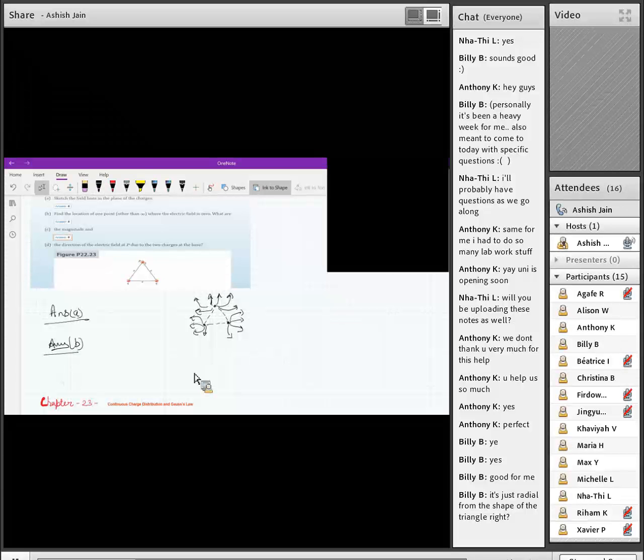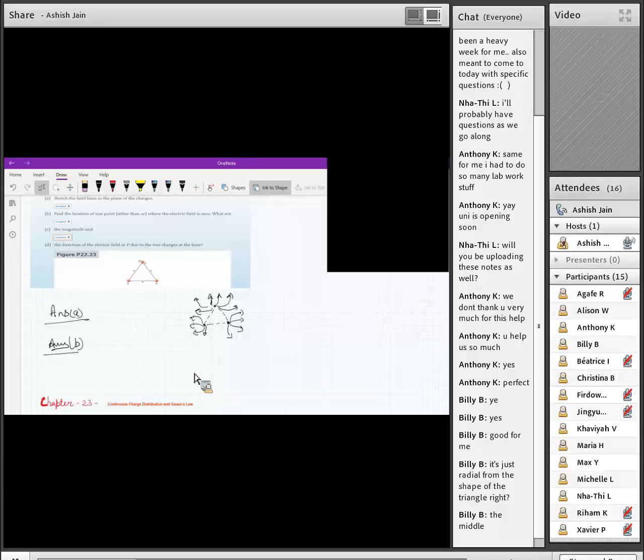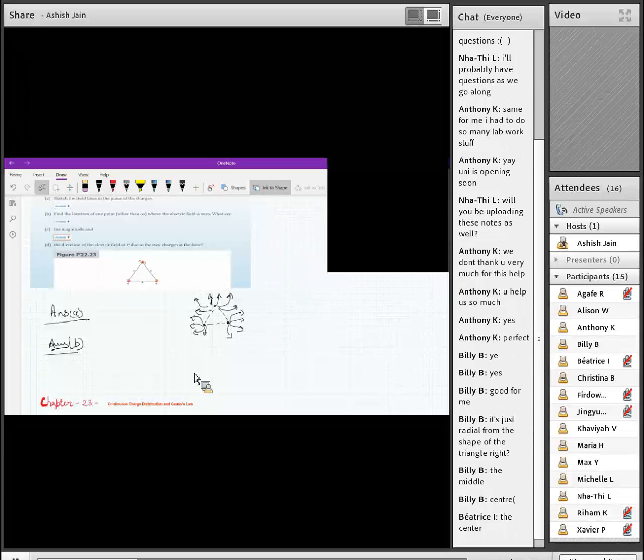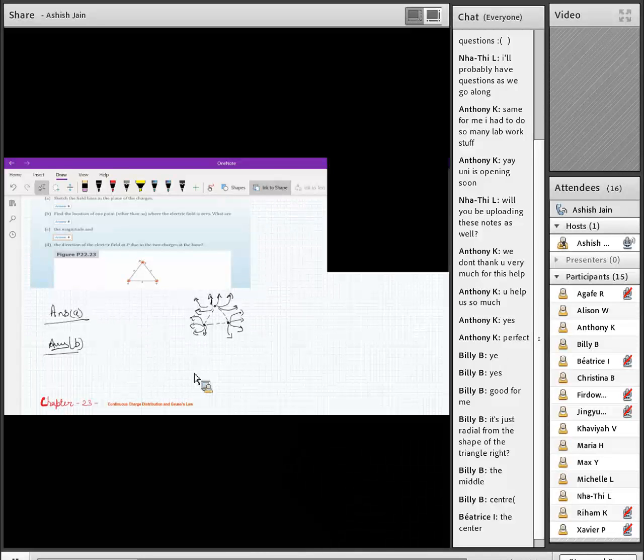Find the location of the point where the electric field is 0. Anybody, any guesses? Where is the electric field 0? Okay, Billy says in the middle. What about the others? Yeah, perfect.